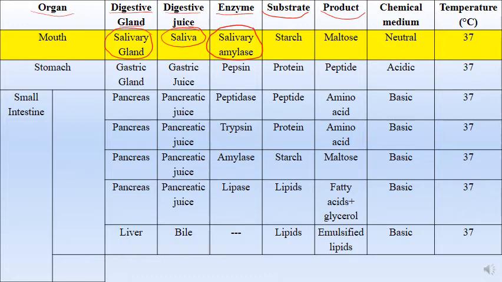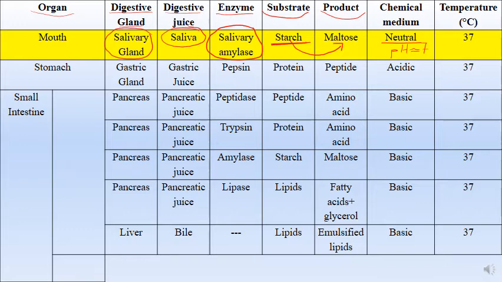This salivary amylase works on starch, the substrate, and digests it to give maltose, the end product. The medium is neutral, meaning the pH is approximately 7, and the temperature is always 37, the normal body temperature.